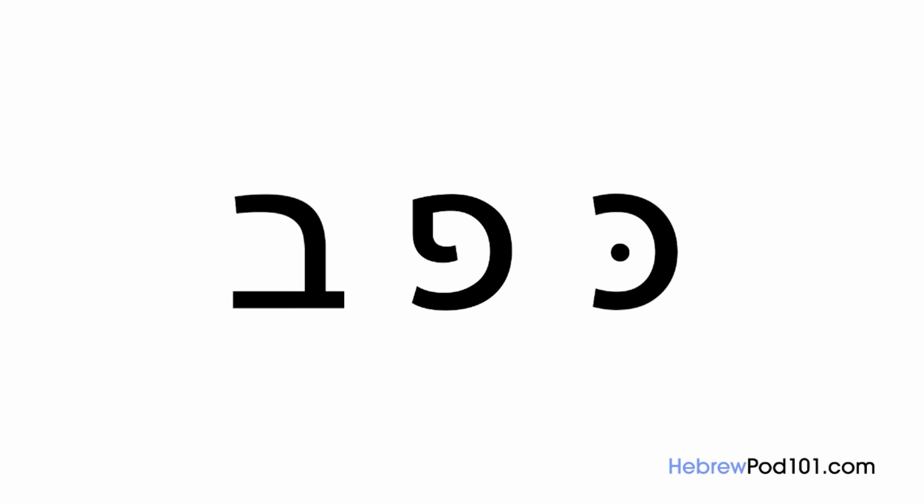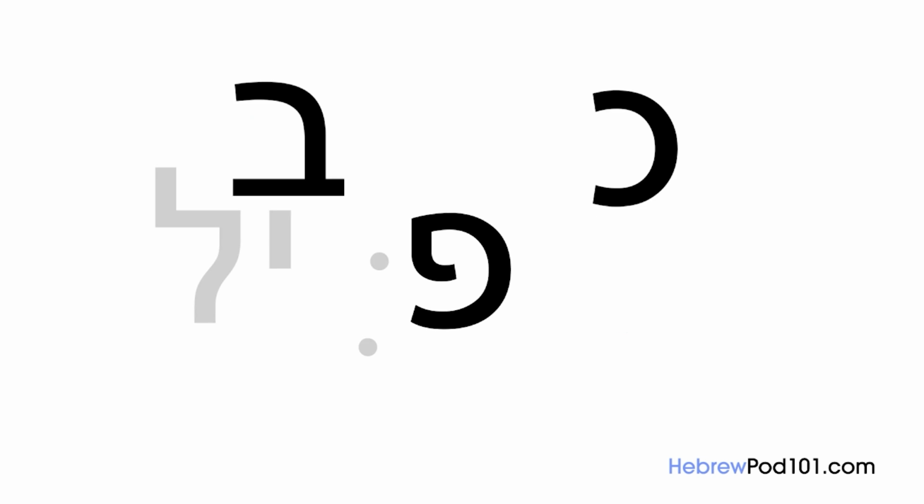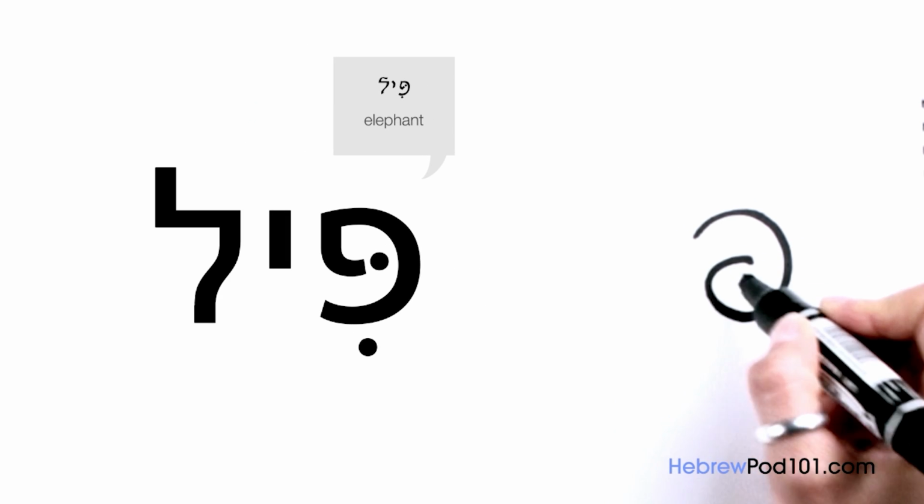Pay attention to the dot. It makes the sound P. Without the dot, it becomes Fei, with the sound F. Even though it's a different sound, we don't count Fei as a separate letter of the alphabet, just like bet, vet, and kaf, chaf. Pil is an elephant.